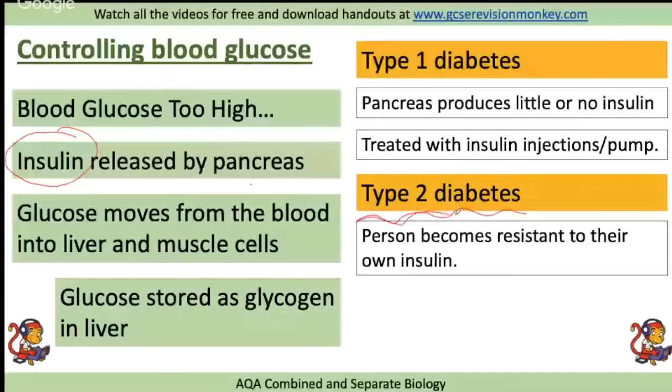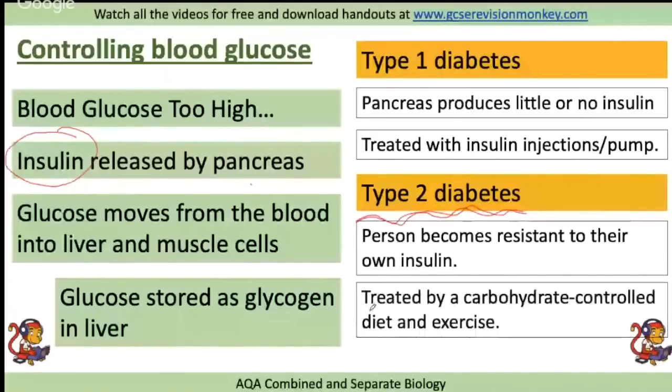So what they'll suggest the patient should do is control the amount of carbohydrates going into their diet and make sure that they exercise more. In that way, they can control their own blood glucose levels, so hopefully it won't have any other effects on their body.